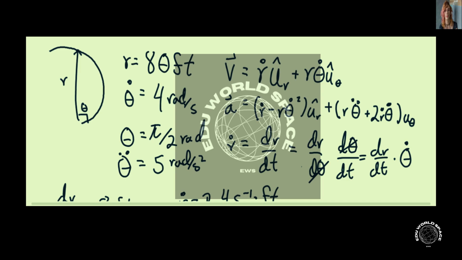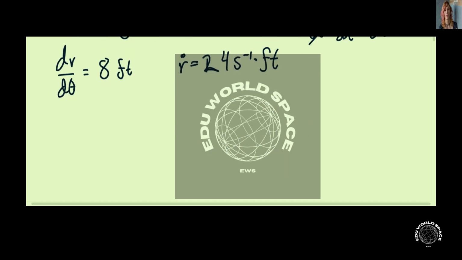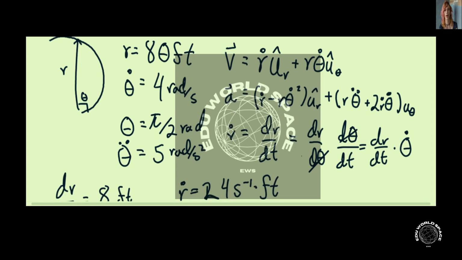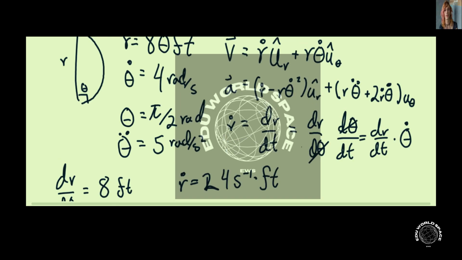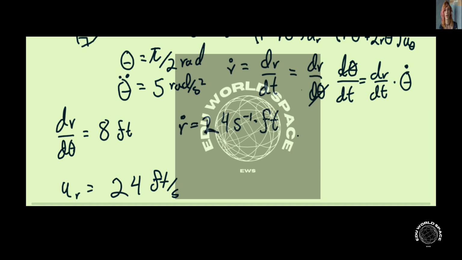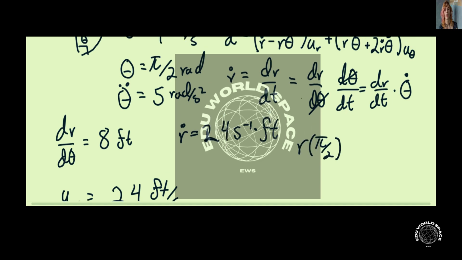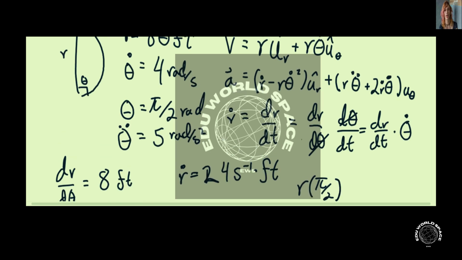So we can go ahead and start plugging things in. We'll start with u r. This is just r dot. So that's easy. That's 24 feet per second. u theta is going to be r times theta dot. r of pi over 2, which is what the radius is, or excuse me, what the angle is there.